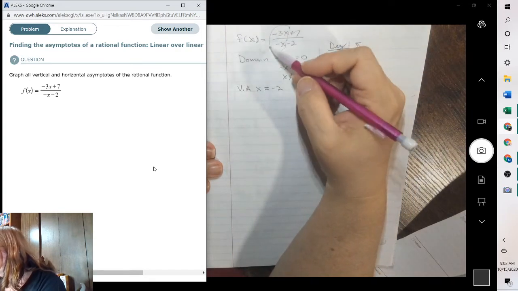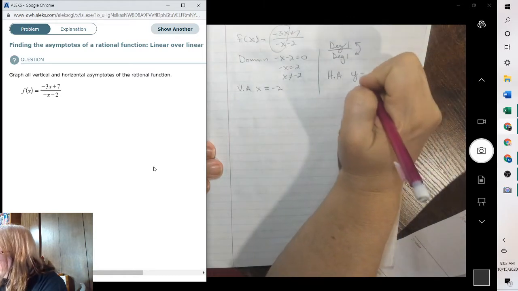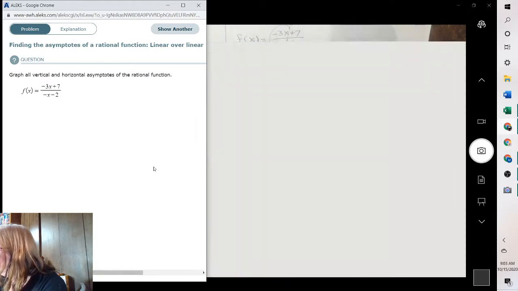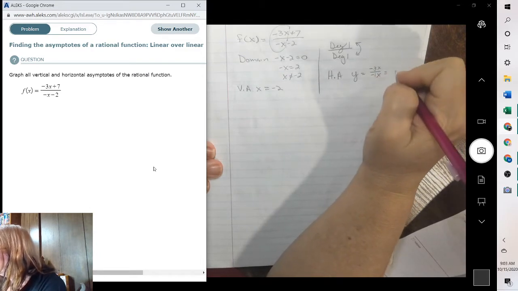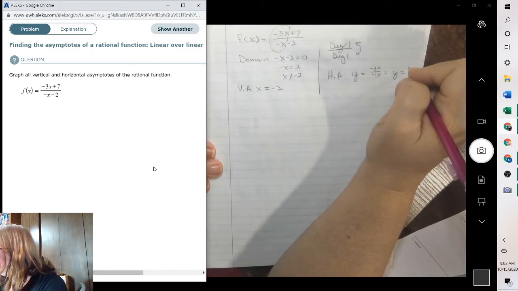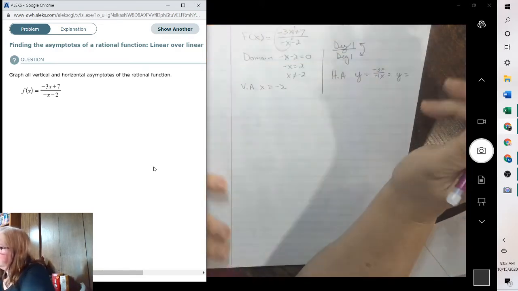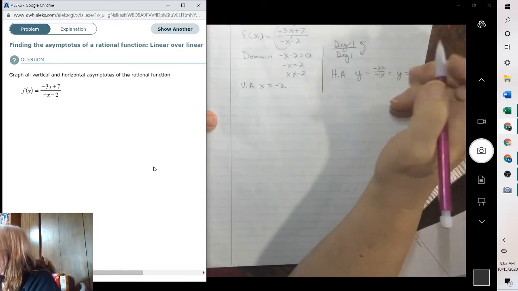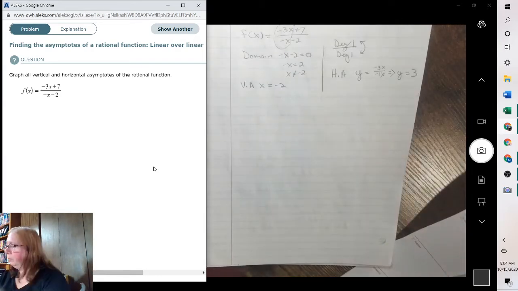It will approach these two values. So we have -3, well, the x's cancel, but y equals +3. So our horizontal asymptote is y equals 3.